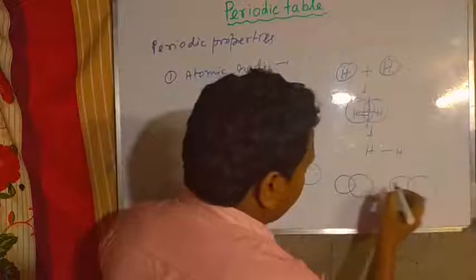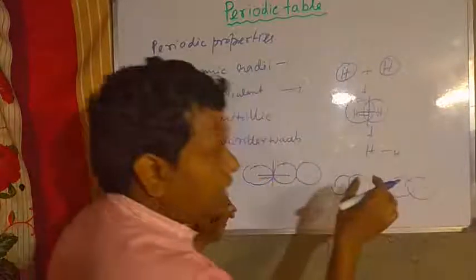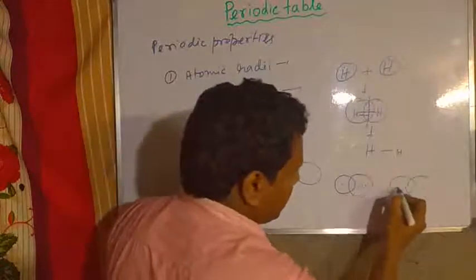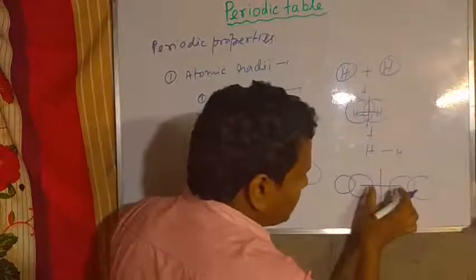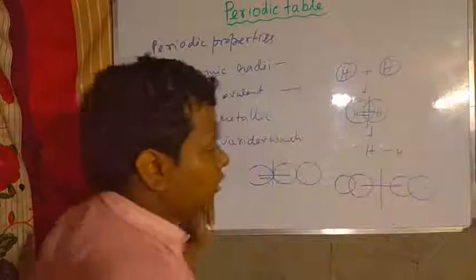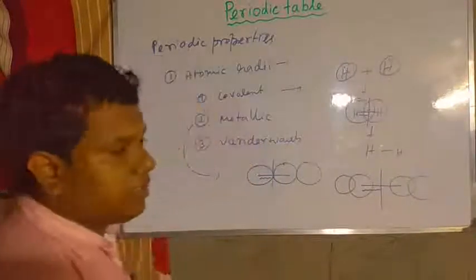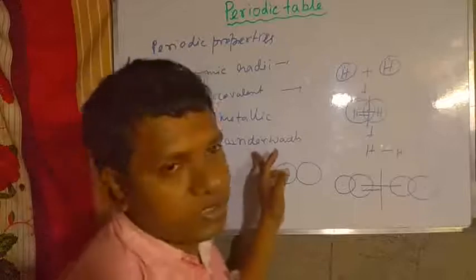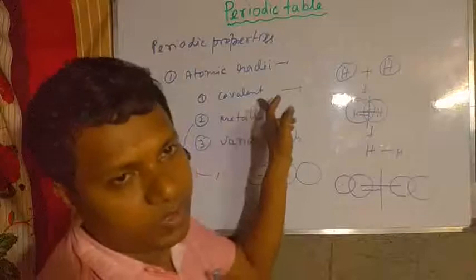Let these two molecules come closer in this way. This is the minimum distance. In that situation, the half distance between the two adjacent atoms of the two adjacent molecules is called the van der Waals radius. Okay, so among these three, van der Waals radius is higher than metallic, which is higher than covalent.